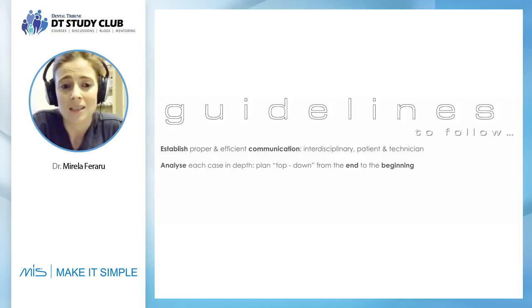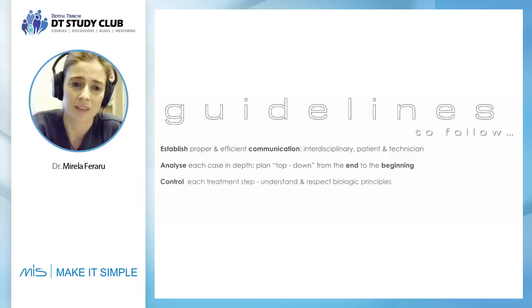We should analyze each case in depth, and that means planning top down. I think I was pretty clear that we try to have the end result in mind at the beginning, because we want to understand the expectations of the patient and see if we can really fulfill them with our final design.